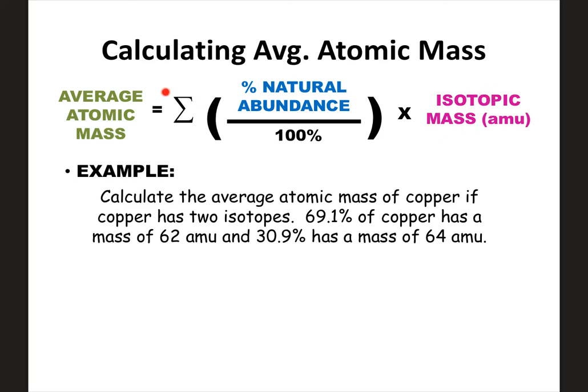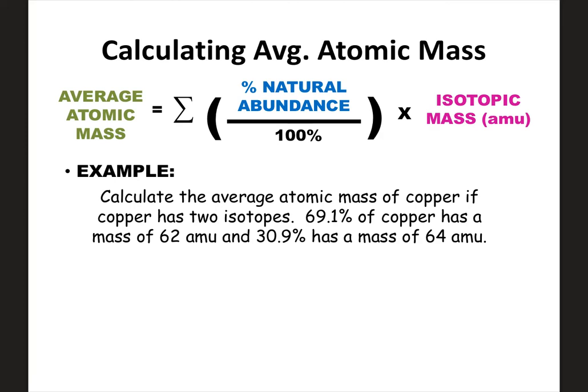But the key here is this last little symbol here in the equation. That symbol means take the sum. All right. So if you were to have, say, 5 isotopes for a particular element, for every single isotope, you would take the decimal form of the percent, times it by its mass, get a number. All right. For every single one. So you'd have to do that 5 times.